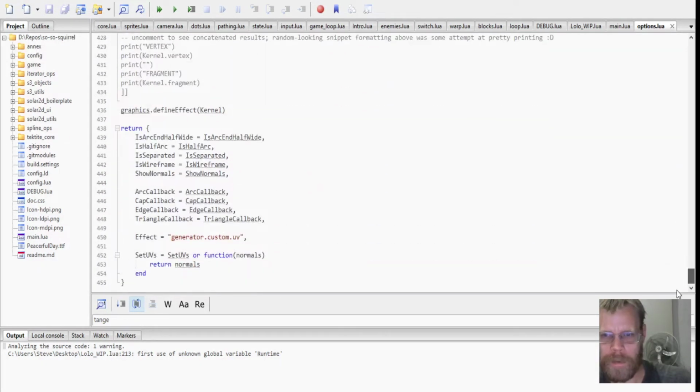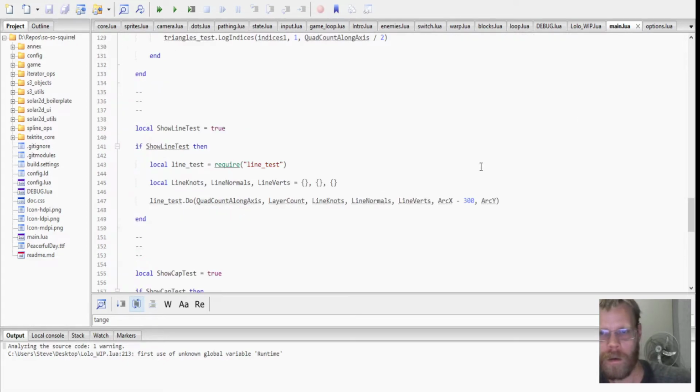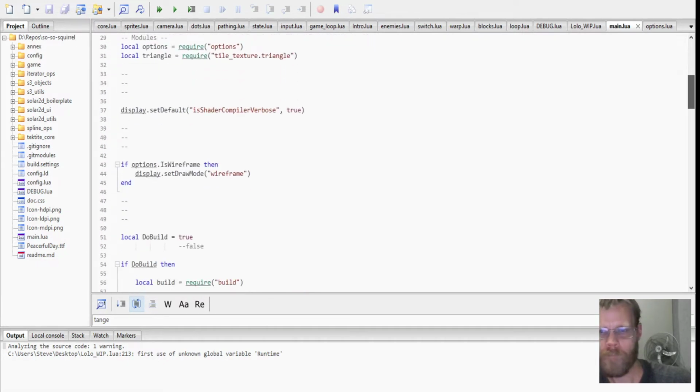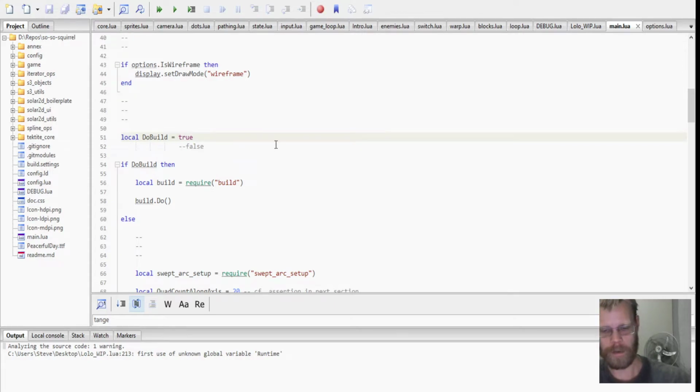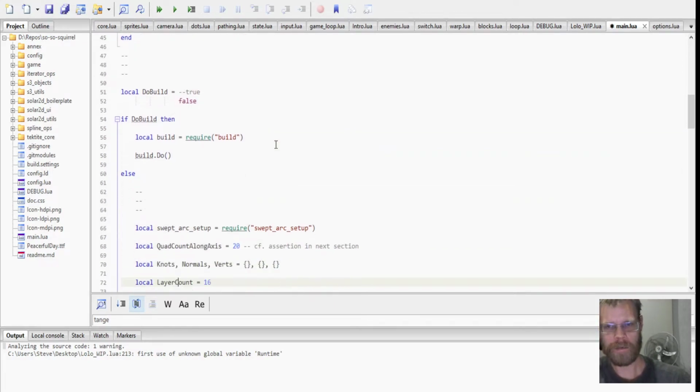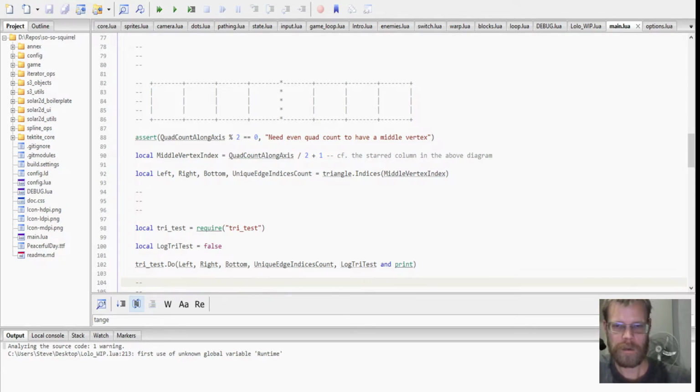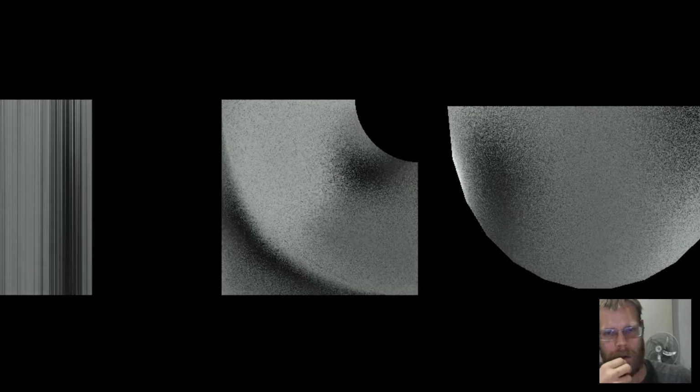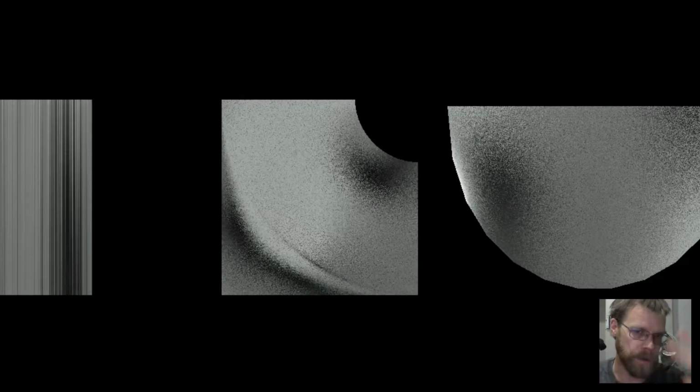So the shaders, let's see. And I also had all kinds of testing. These are the shapes that I was using to test these features, isolated, not gluing together everything.